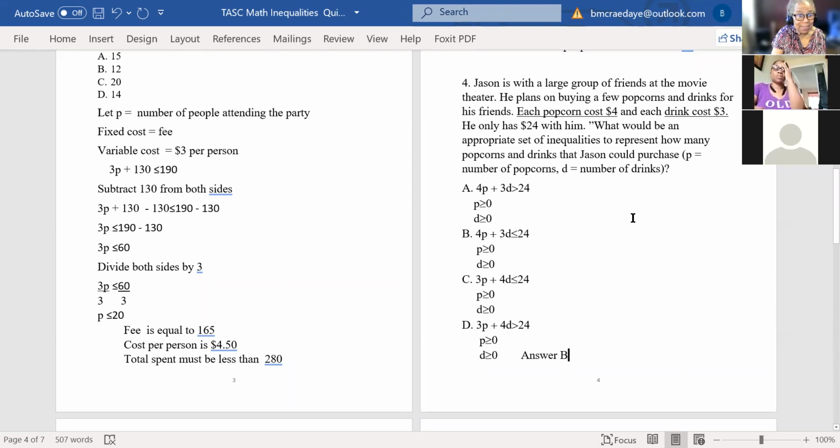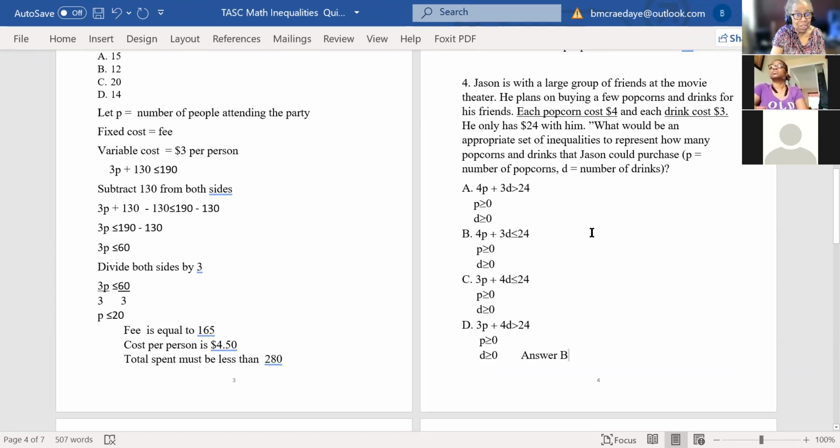Also, it can't be A, because you look at the sign. He can't spend more than 24. 24 is his limit. That's all he has with him. So it has to be a less than or equal, right? You see how you can eliminate these answers here. When you see the 3, you say, oh, that's for the drink, not for the popcorn.